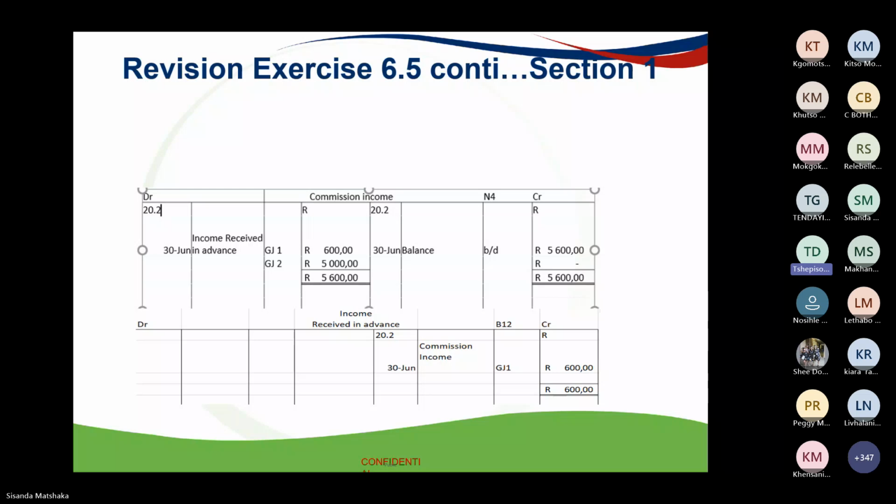Thank you. The third one would then be the commission income account, and the balance brought forward would have been the 5,600 as reflected here, or rather the balance brought down, which is the 5,600. That is the information that we've already been provided directly from the question.